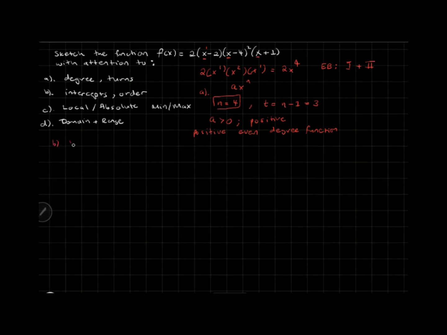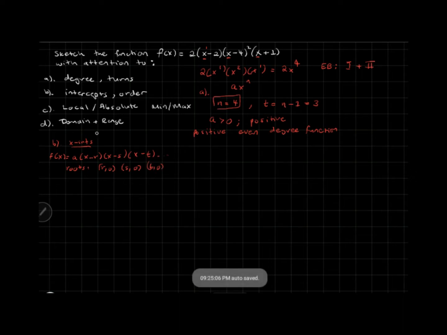Well, it's really straightforward to find your x-intercepts here, because we know that factored form is in the form of f of x is equal to a times (x minus r), (x minus s), (x minus t), and so forth. The roots, or x-intercepts, are in the form of (r, 0), (s, 0), and (t, 0).